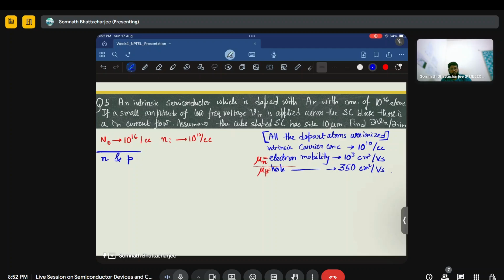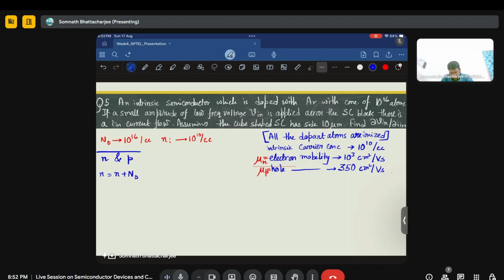Maybe I'll give you all a hint. So from this case, what we know is that the new value of n would be the old value of n plus Nd, right?